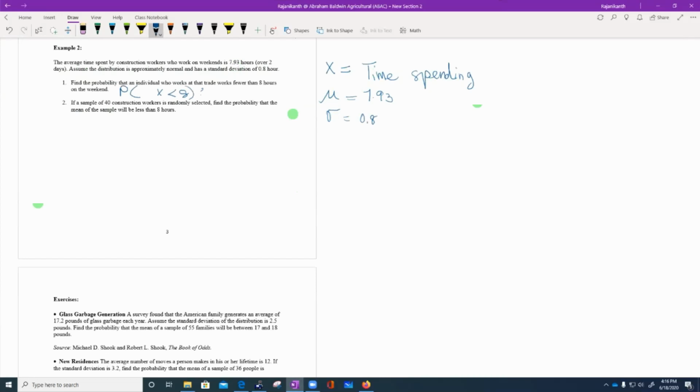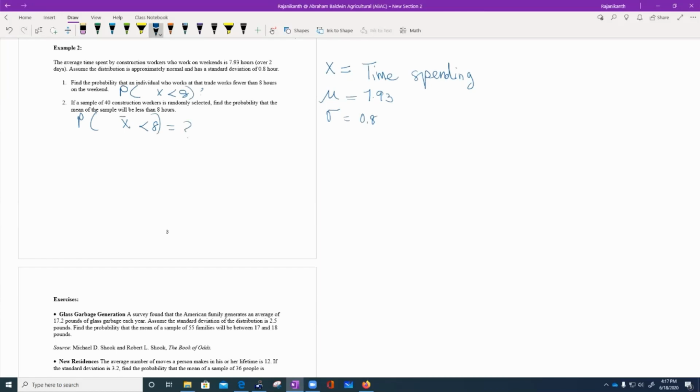Okay, that is the one we are looking for the first part. For the second part, if a sample of 40 construction vehicles is randomly selected, find the probability that the mean of the sample, therefore here they are talking about what? X bar. That should be less than 8. So now this is my second problem.